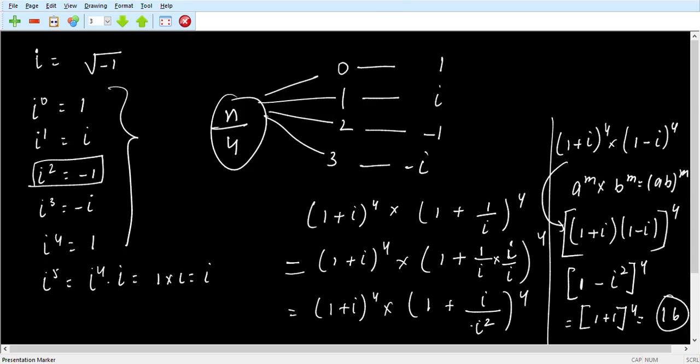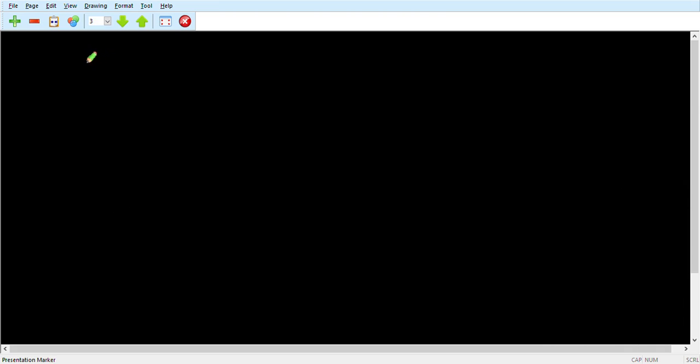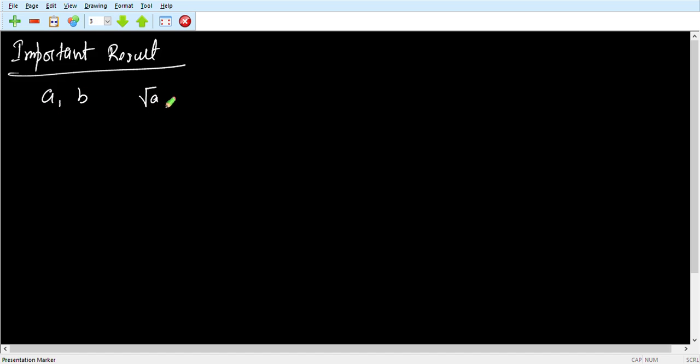But here I want to discuss one important concept, or you can say an important result. Let us suppose I have two real numbers a and b. So the result under root a into under root b is equal to under root ab.